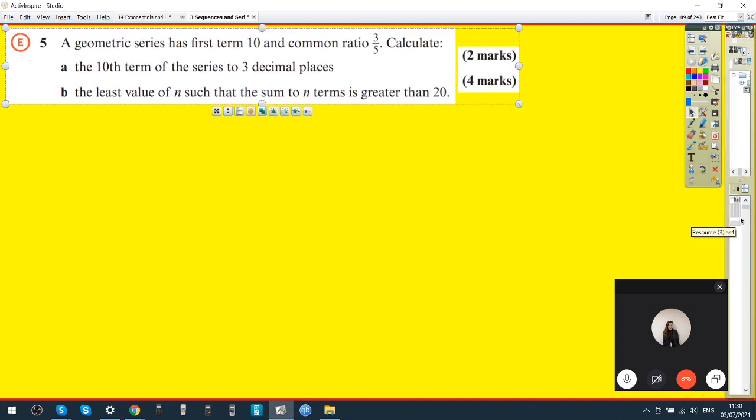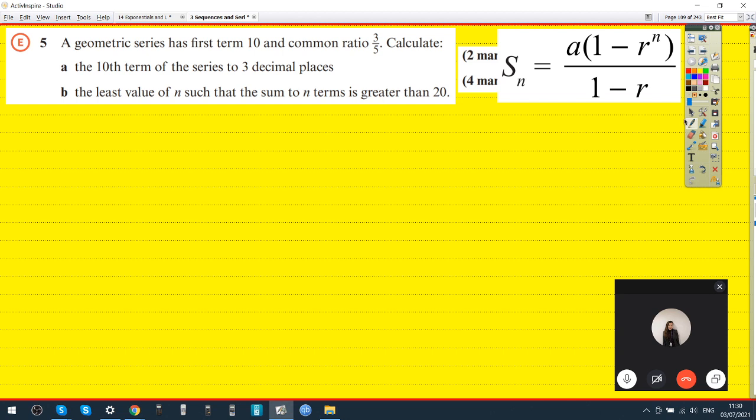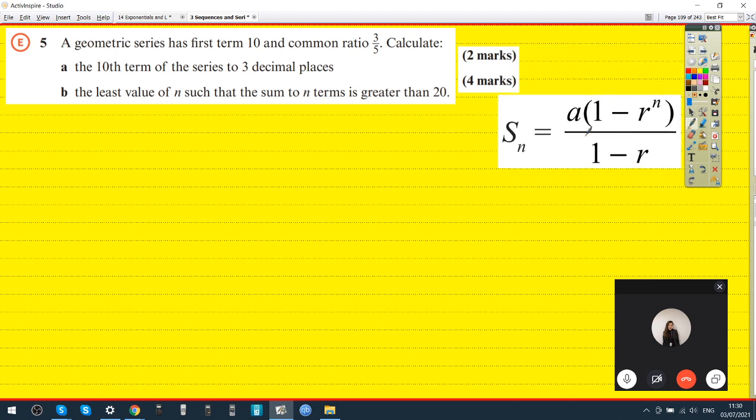Alright, how about this? Is the common ratio just 3/5?